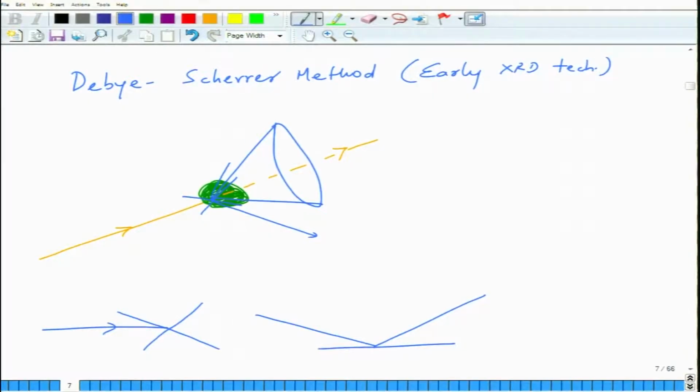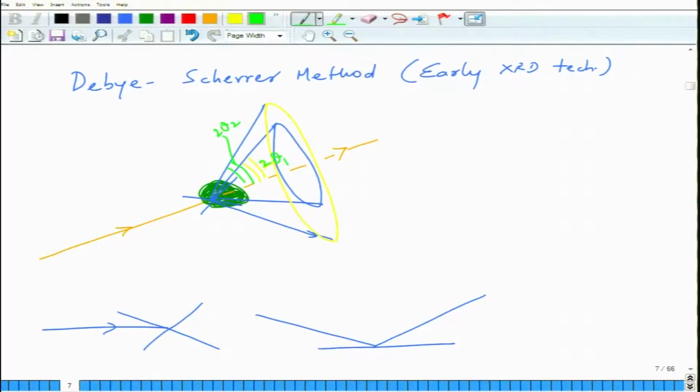You will have another cone which corresponds to another set of planes, and again you can see this angle should be 2 theta. So this is 2 theta 1, this is 2 theta 2.